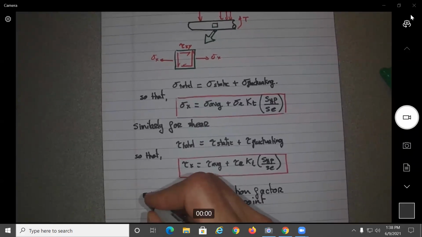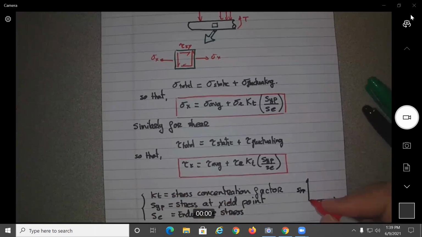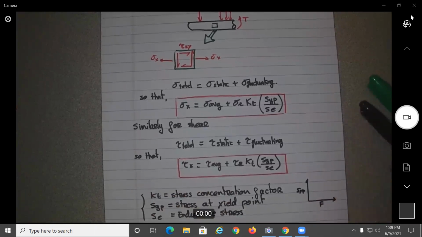So basically, the S YP, let's say you have loading here. So let's say force times here, let's say S YP. It's the same figure that I did before. Let's put the same as before. This will be stress.